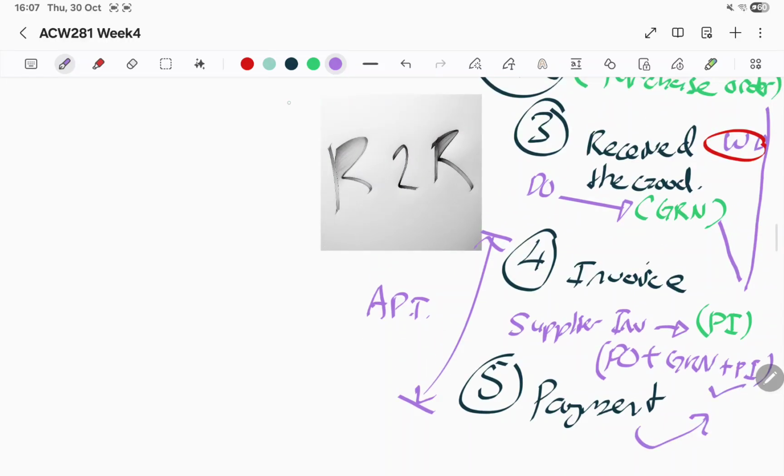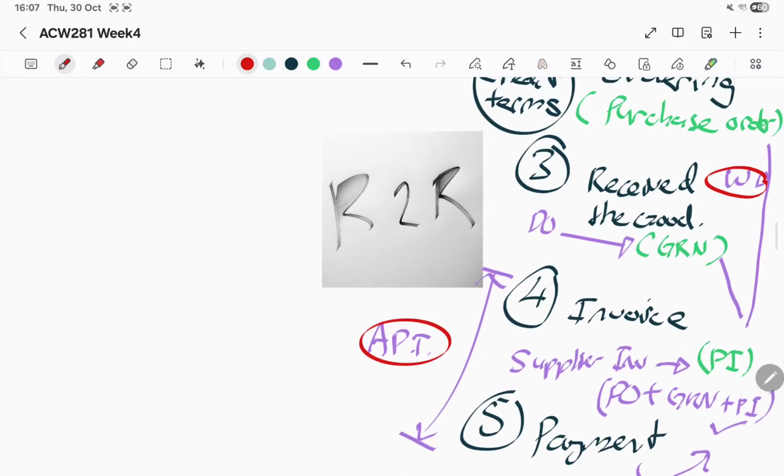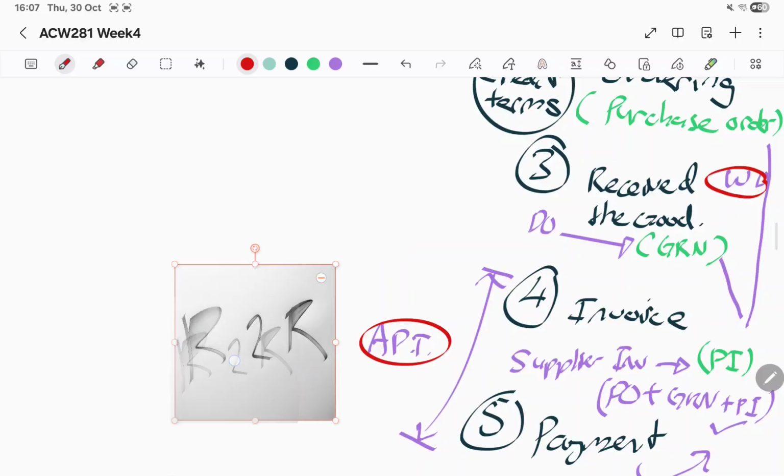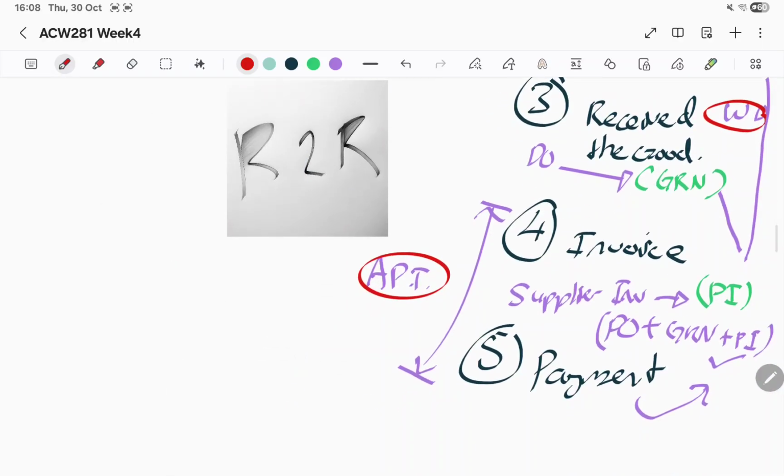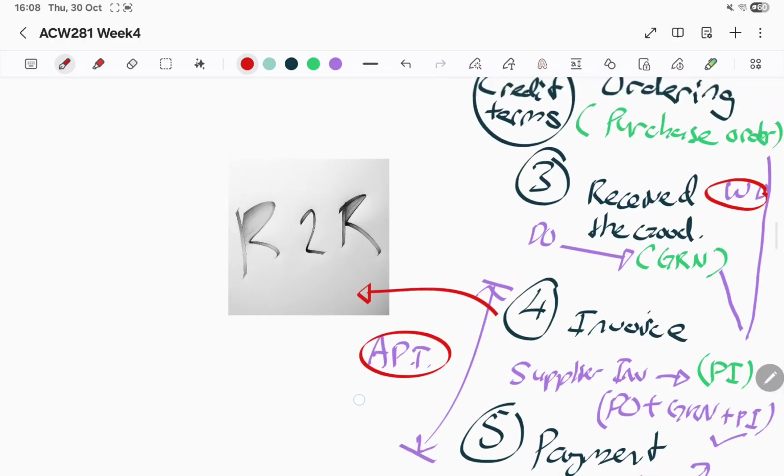And this one will be done by the accounts payable team. And then this is the start of this record to report, all right? This part over here, the transactions will enter the database. It will start to capture from there.